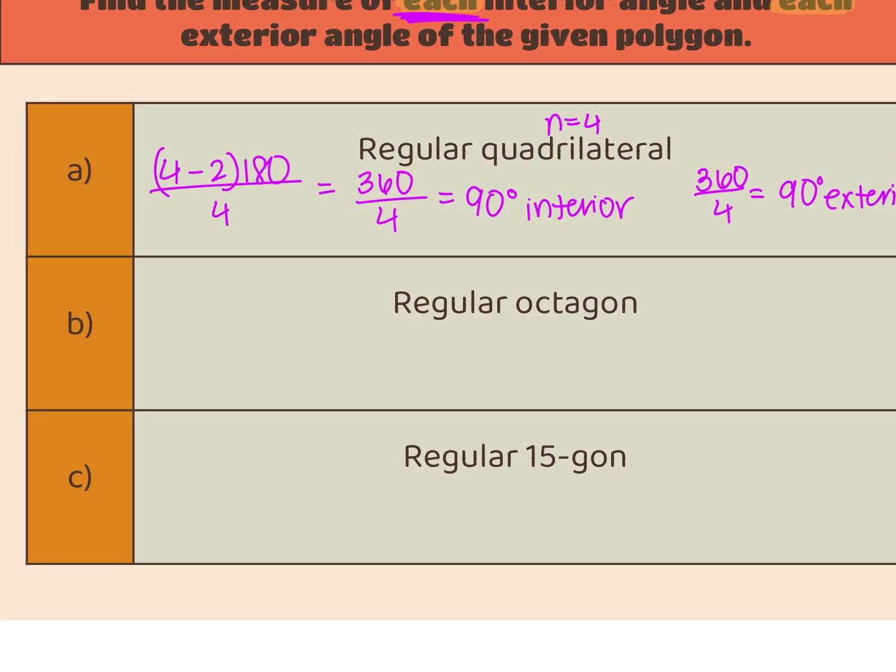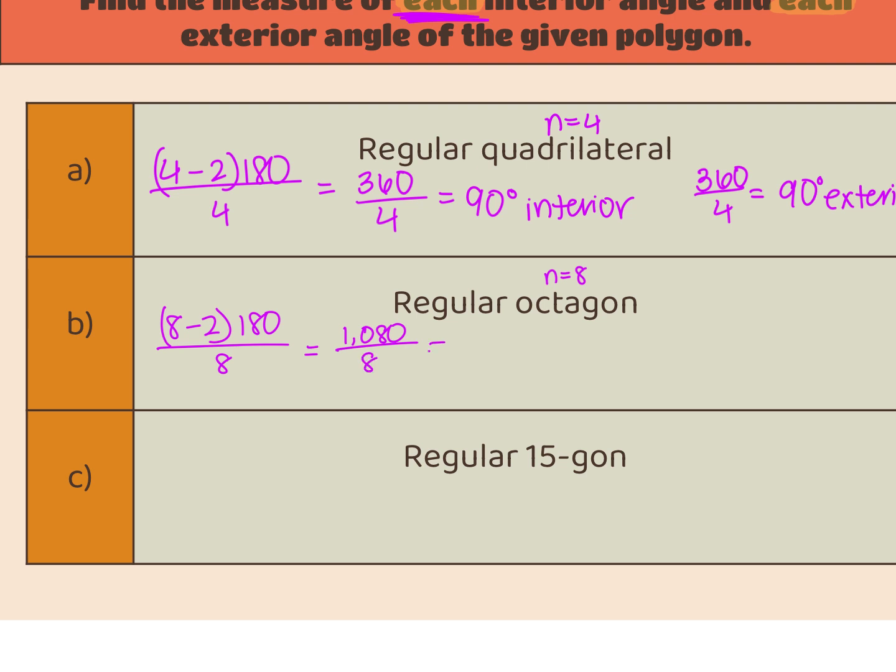Looking at my regular octagon, how many sides are in an octagon? Good, n equals 8. So I'm going to have 8 minus 2 times 180. I'm going to divide that by 8. 8 minus 2 is going to give me 6. 6 times 180 is going to give me 1,080.